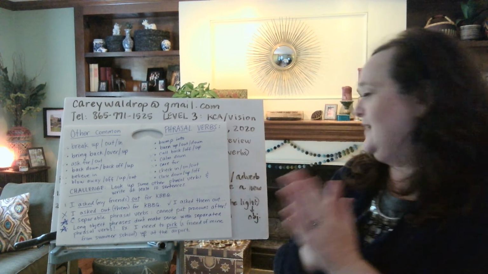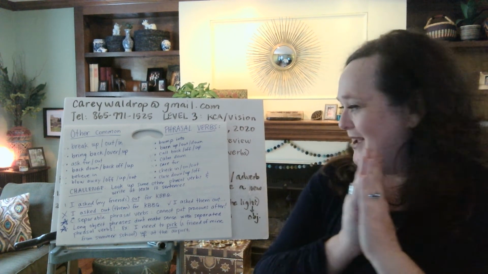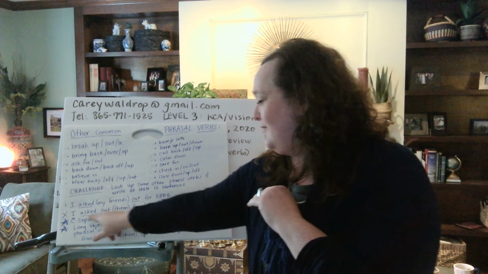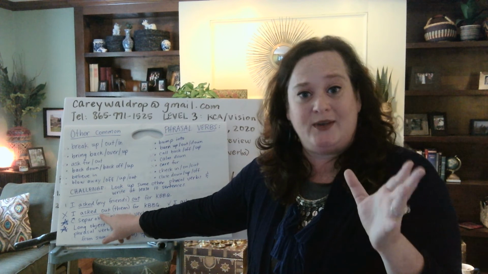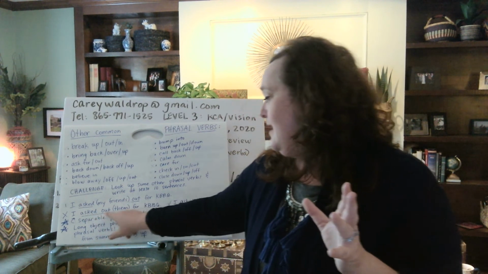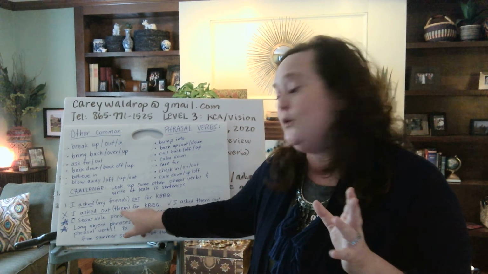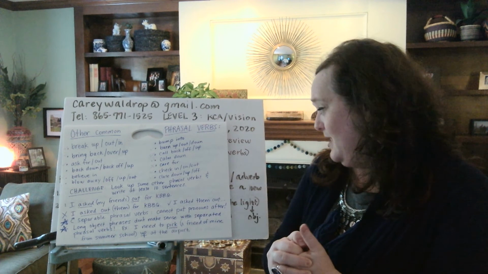And I think I just explained something incorrectly. My mistake. Let me go back to asked out. So in this case, the phrasal verb is together, right? And the pronoun goes after that. I asked out them.